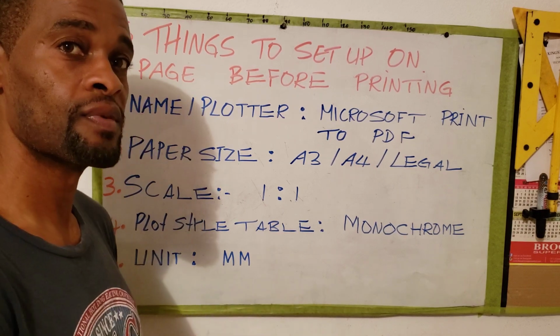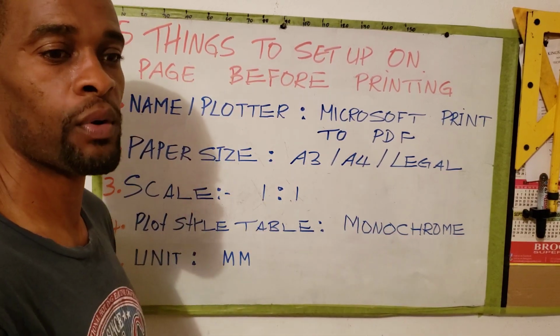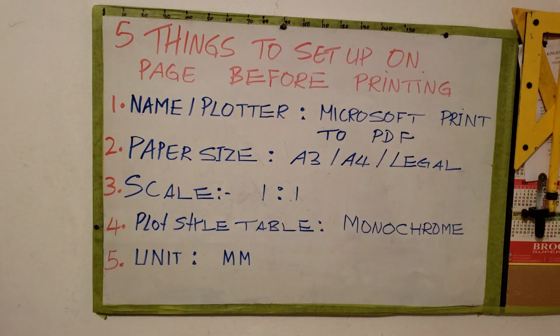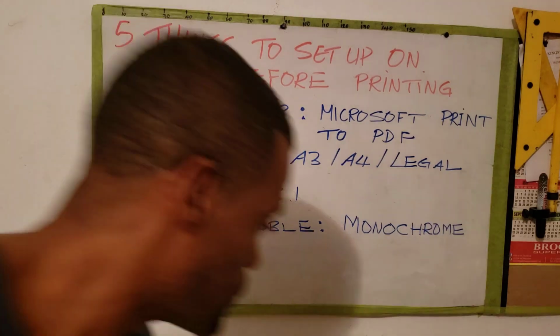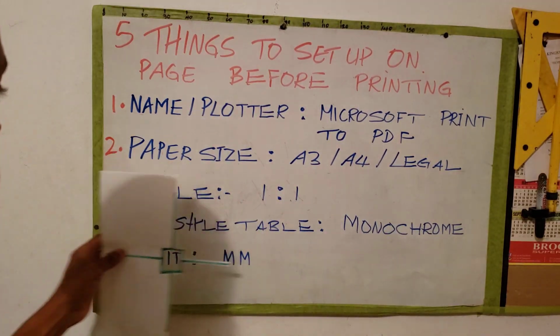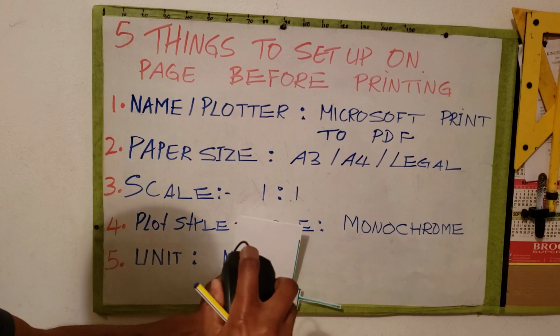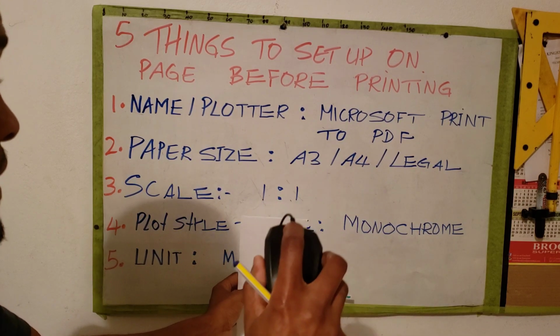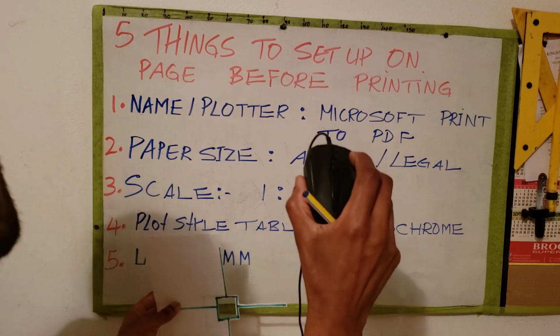Left click first, then right click on the mouse, right? So first we left click. Let me show you. So first you go over to layout, left click first, then right click.